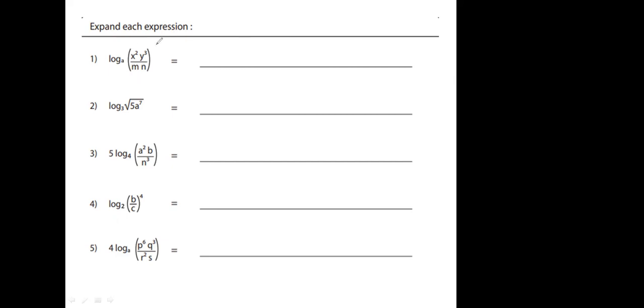So I can start with the first one, and if someone has questions, they can let me know. I can write down first the base, the logarithm base a, and up we'll have x squared y to the third. So I just write the logarithm up and down because it's for both of them.